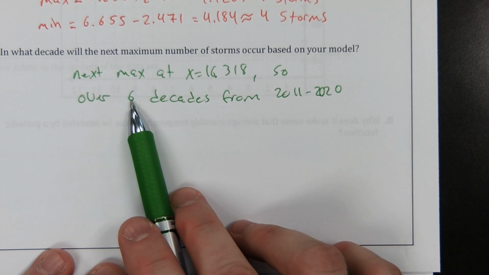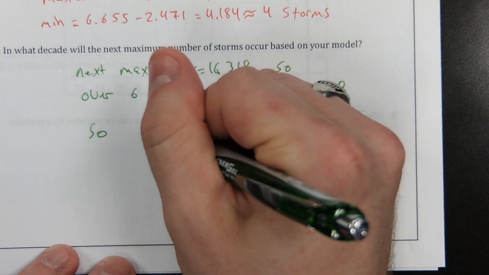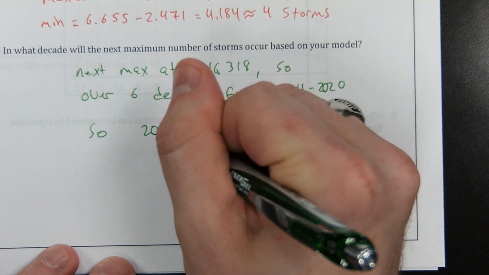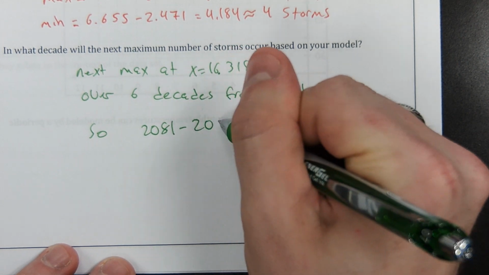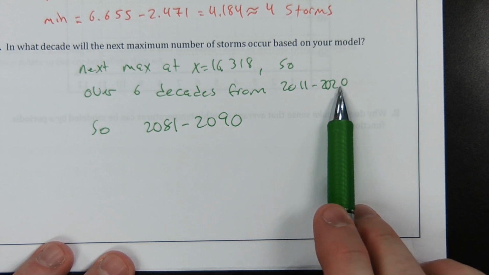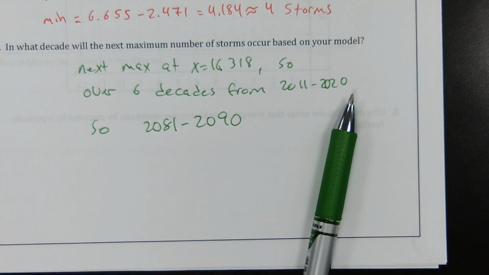I have to go past 6. So from 2081 to 2090, yeah, because 6 more decades would have put this number at 2080, right? So I had to go past that. There it is.